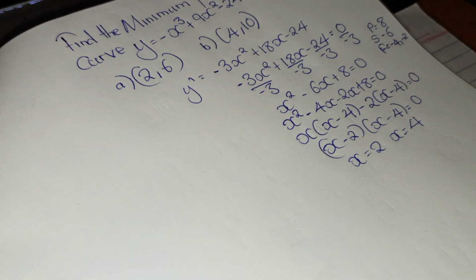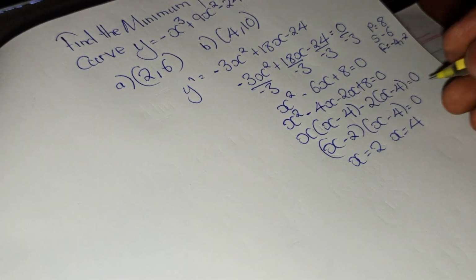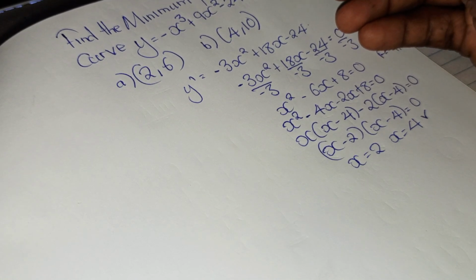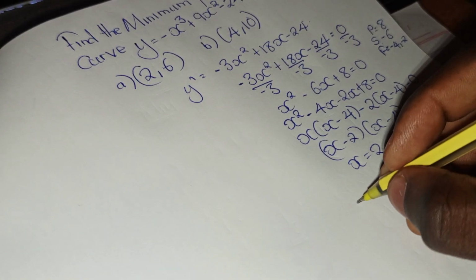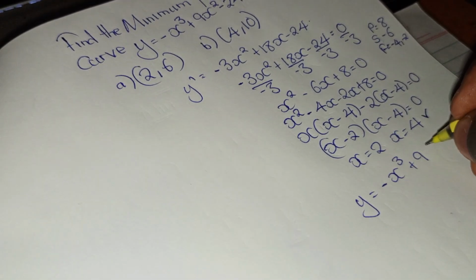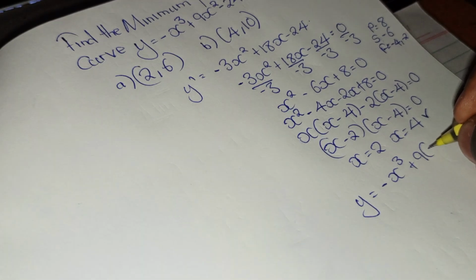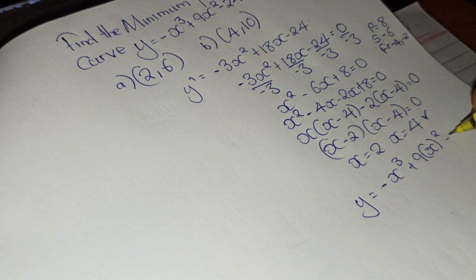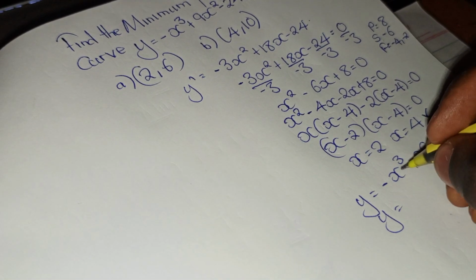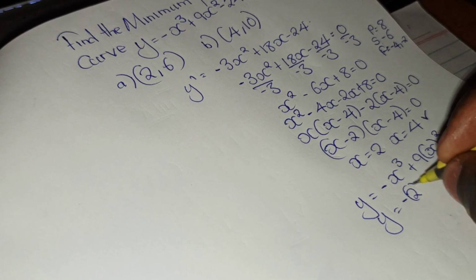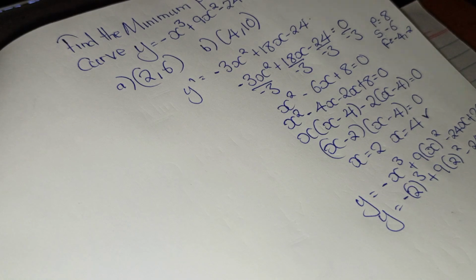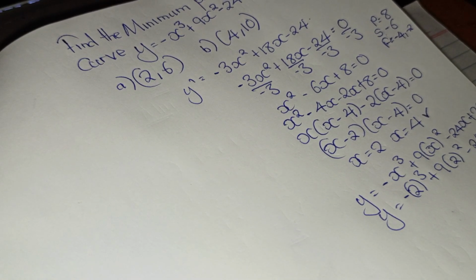So remember, I said if you are using the first derivative, you get these points and punch them in the original function. In this case, the original is y is equal to -x to the power 3 plus 9x squared minus 24x plus 26, where we'll just replace now our 2 in here, and we'll also replace with our 4.